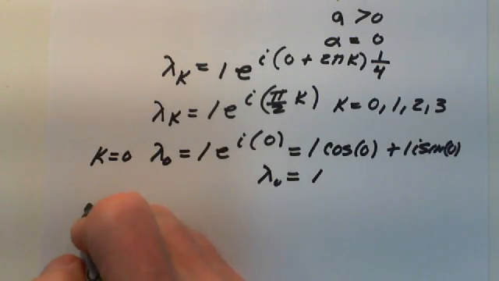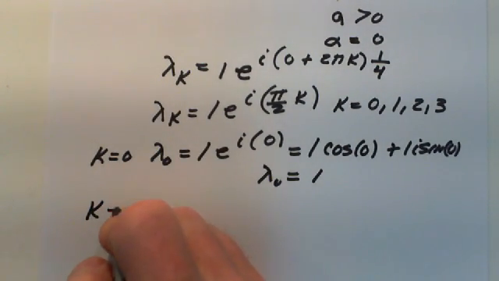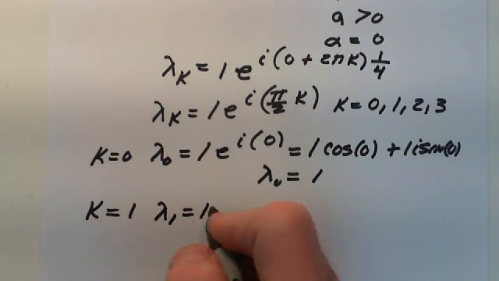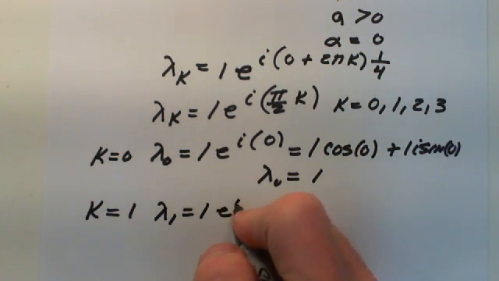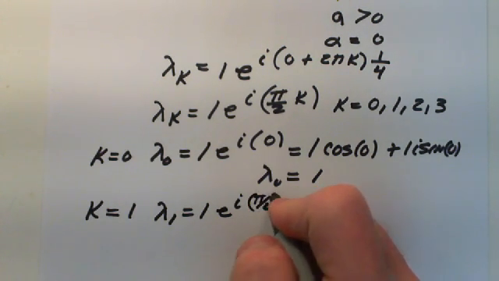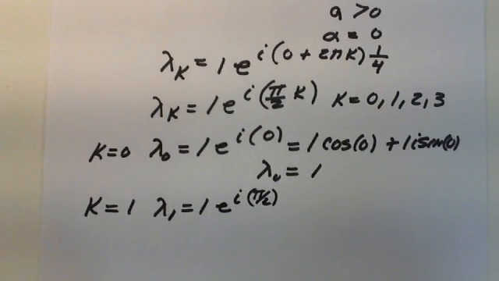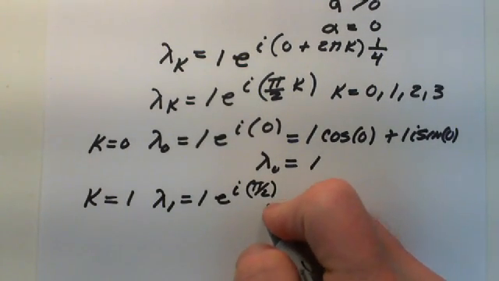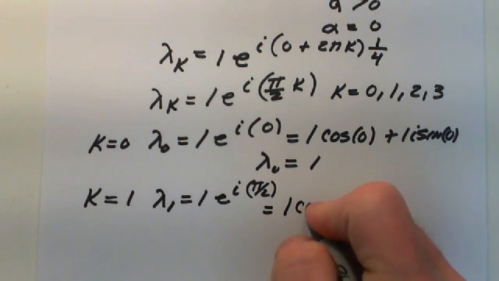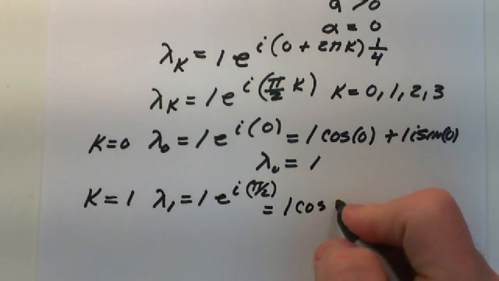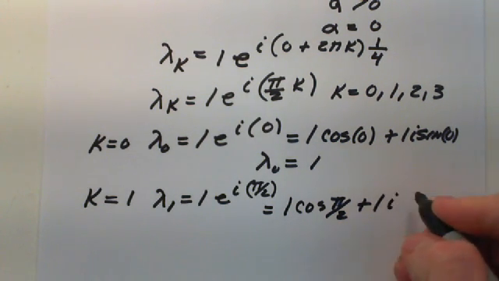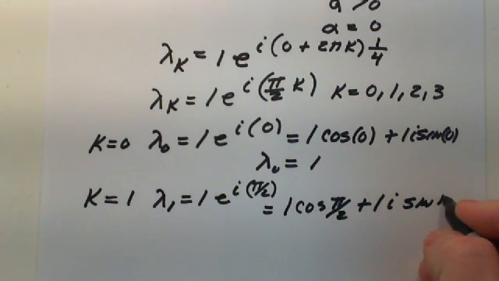Alright, we'll do our next condition. k is equal to 1. In this case, lambda 1 is going to equal 1 times e to the i of pi over 2. Okay, we'll go ahead and put that in polar form. That's going to equal 1 times the cosine of pi over 2 plus 1 i times the sine of pi over 2.